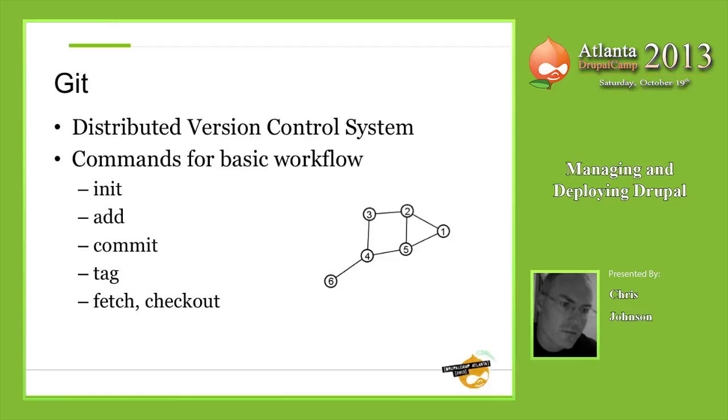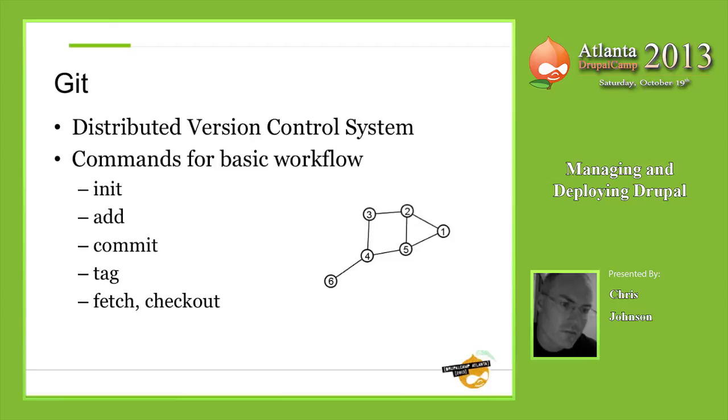So there's a couple of things about Git that you'll hear. Number one is that it is a distributed version control system. And that probably means nothing to you, especially if you just found out about version control systems. So I'm going to give you a little bit of history. Systems like Subversion or CVS, which was the system Drupal was on before they switched to Git, work in a particular way, which is there is a server.